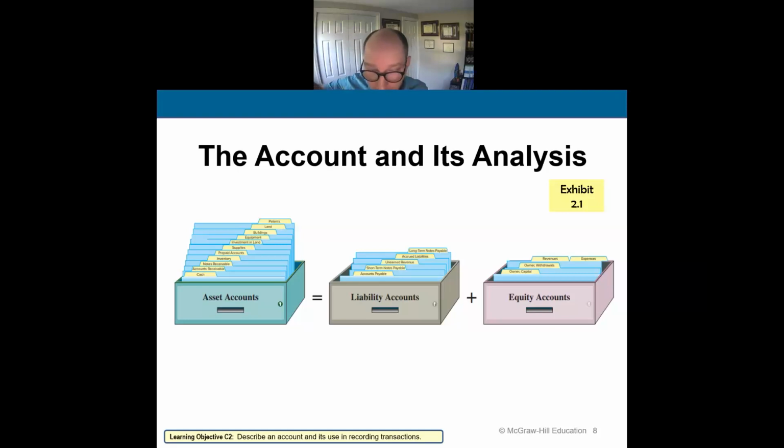And all of those things help me to generate more revenue, more sales. I use inventory to make sales because I'm selling inventory. Prepaid insurance, I'm using the prepaid amount to ultimately generate sales. It's part of the business. When something helps you to generate sales, we call that an asset account. That's the idea behind assets.